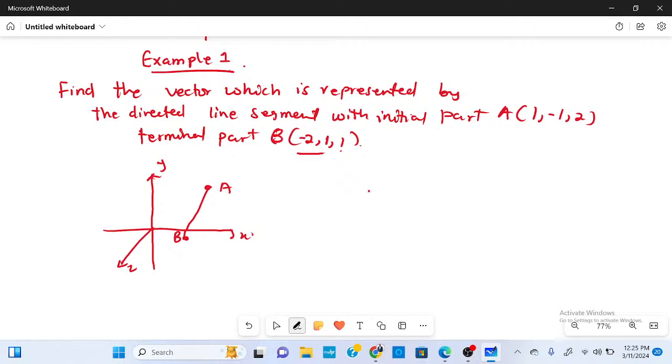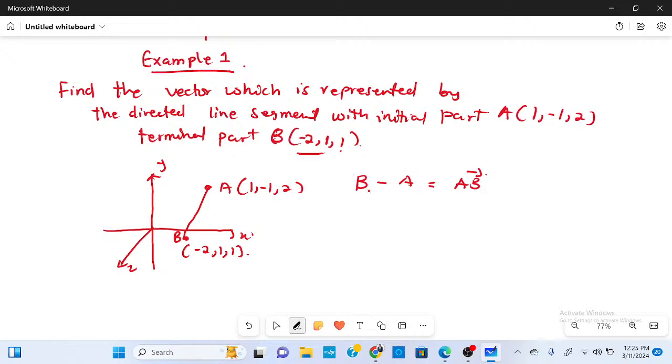In vector algebra, it has initial and terminal points. The initial point, which is point A, has components 1, -1, 2. Then B, which is the terminal point, has -2, 1, 1. So how do we find our vector? Take note. To find a vector, we simply take our terminal point B minus A, which should give us vector AB.